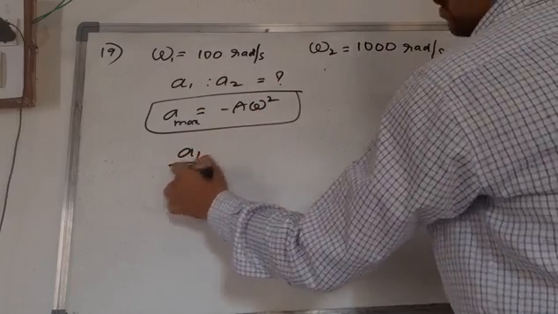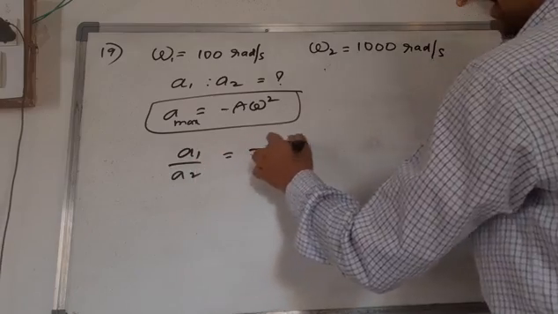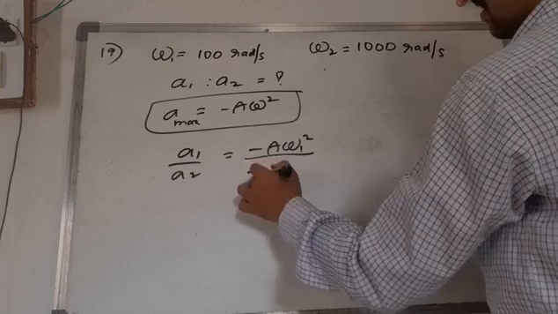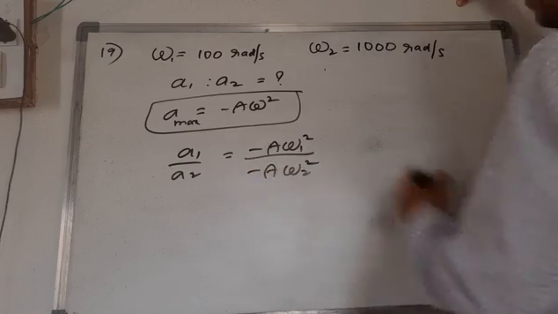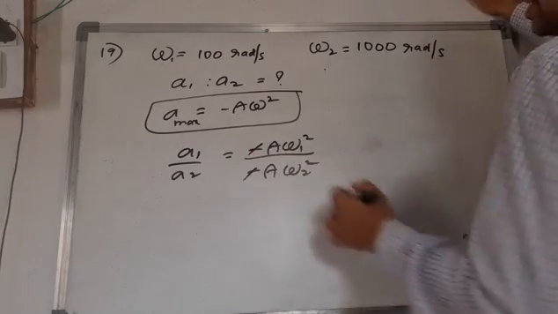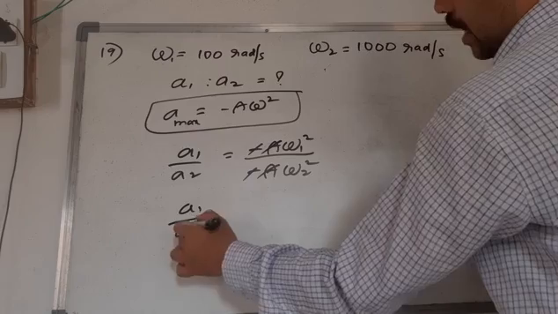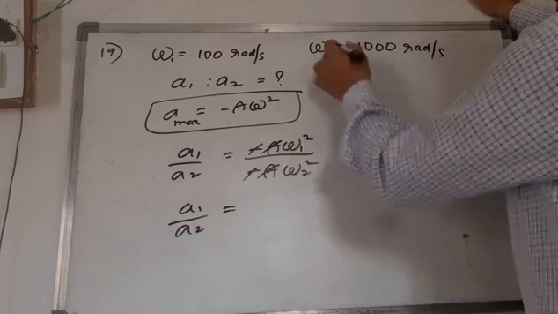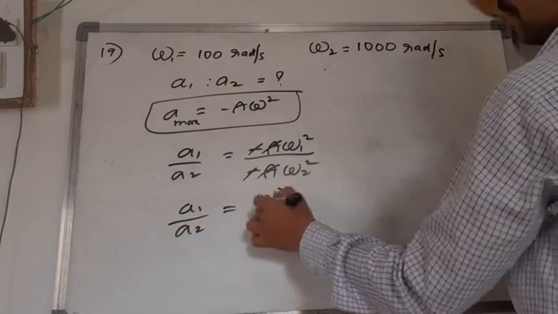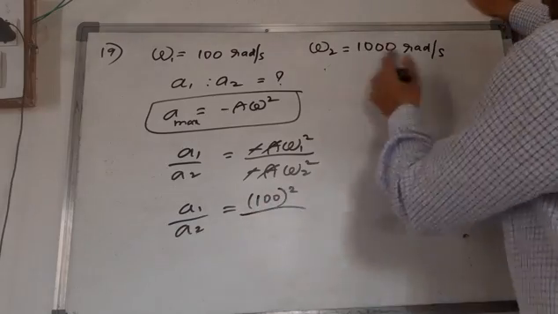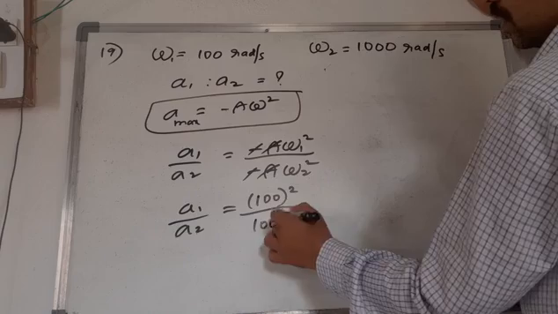You will get a1 by a2 is equal to minus a omega 1 square by minus a omega 2 square. Okay, so minus minus cancel and a cancel. So A1 by A2 is equal to omega 1 square, meaning 100 square, by omega 2 square, meaning 1000 square.